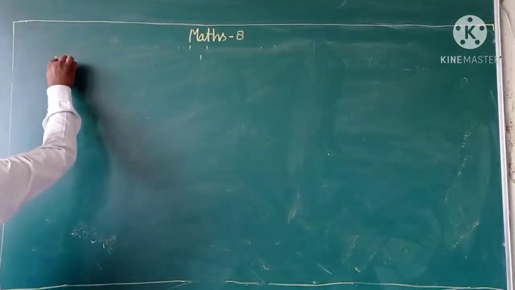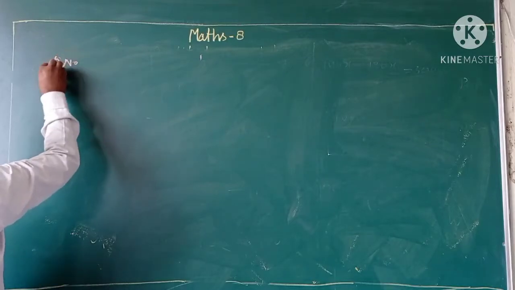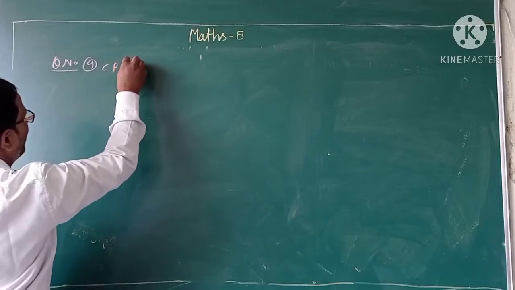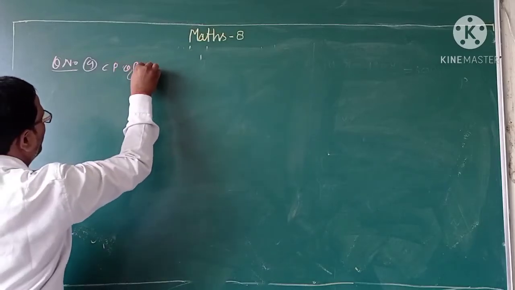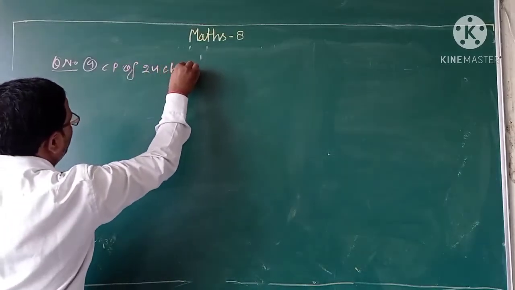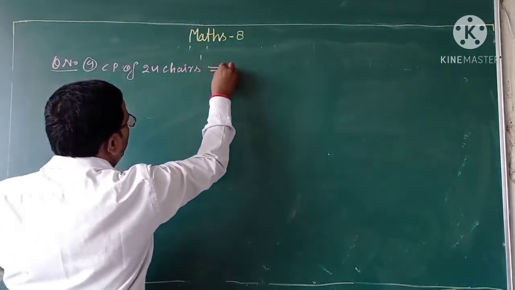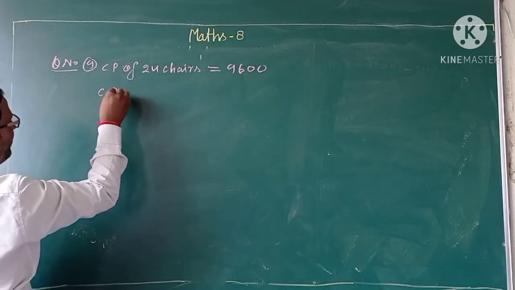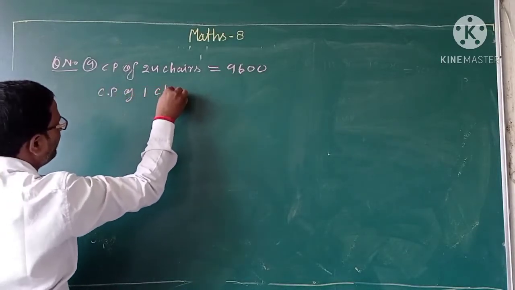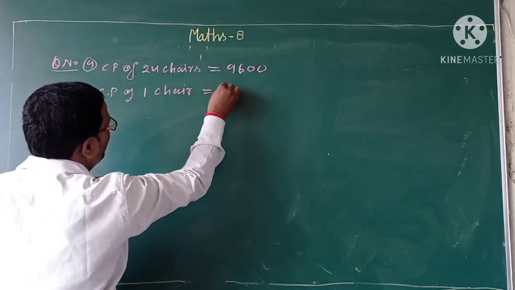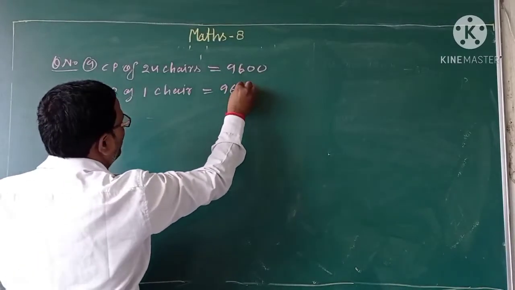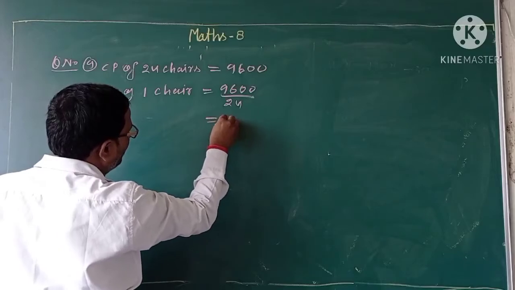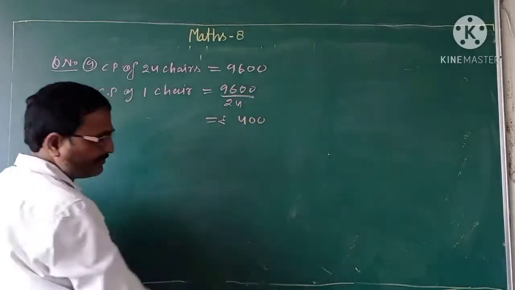CP of 24 chairs is 9,600. CP of one chair is 9,600 divided by 24, which is rupees 400.